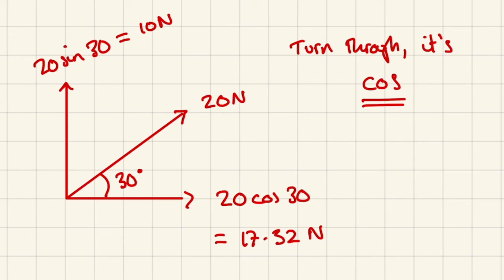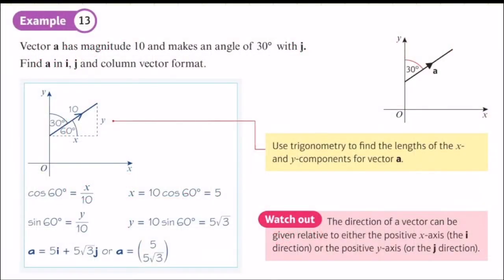Now let's look at example 13. We're given vector A and we're told it has a magnitude of 10 and makes an angle of 30 degrees with j. Find A in i, j and column vector format. We have 10 newtons being pulled at the angle 30 degrees from the vertical.